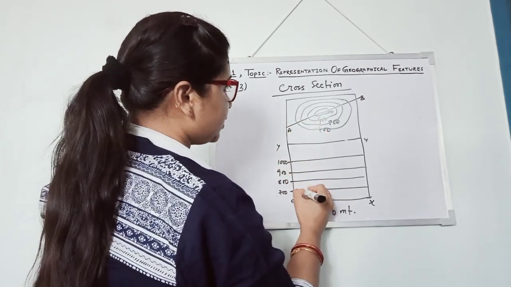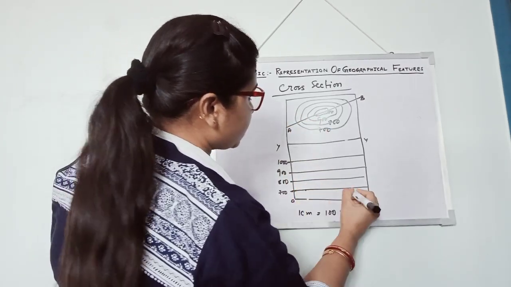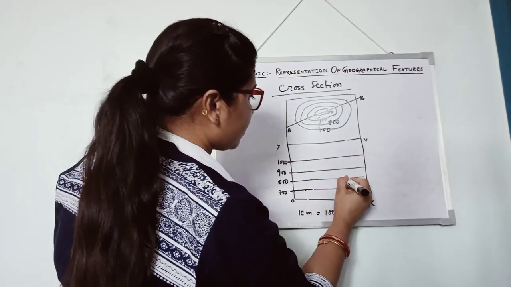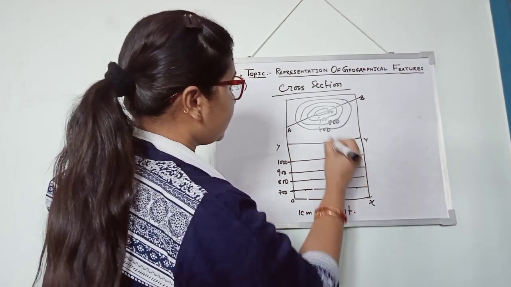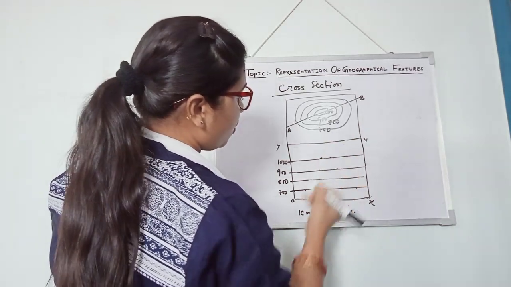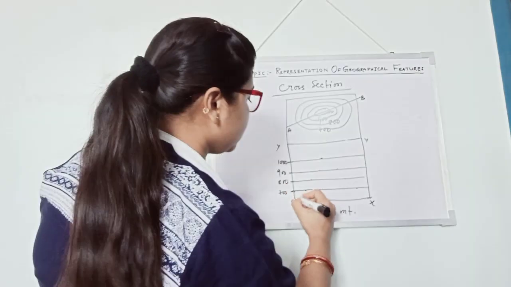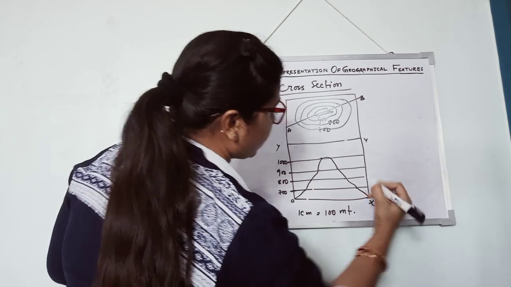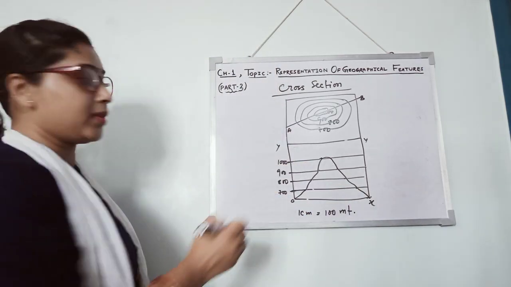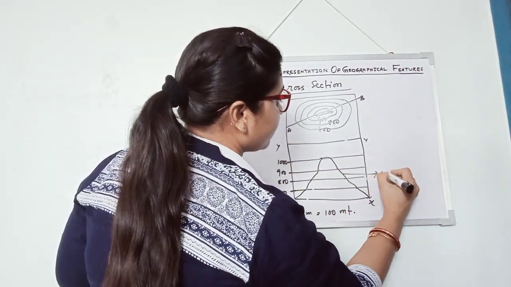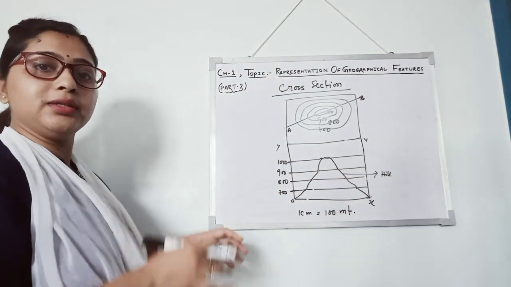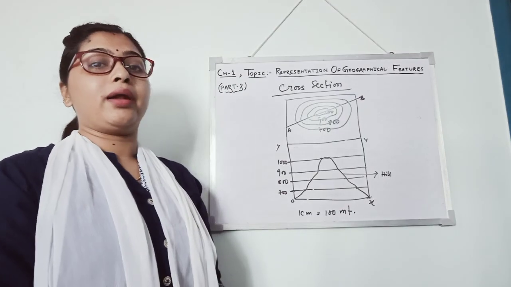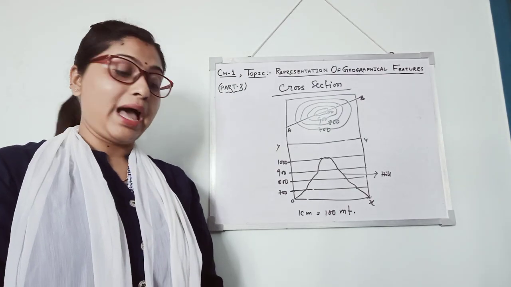Like 700, first 700 cutting here, another side cutting here also, then 800, then 900, then 1000. Okay. Now by free hand you have to join these points. And you get a hill. Is it clear? Conical shape.